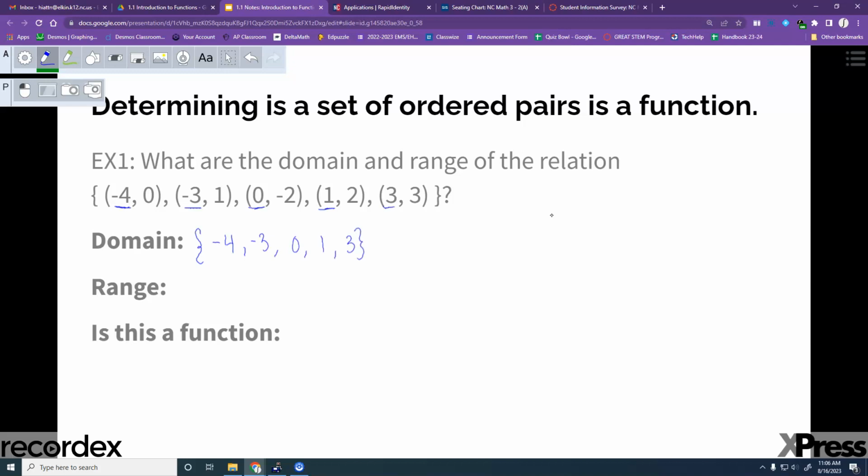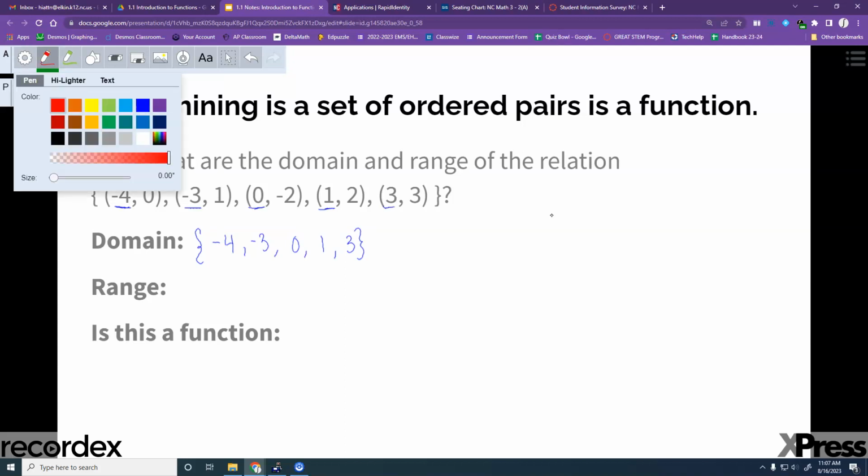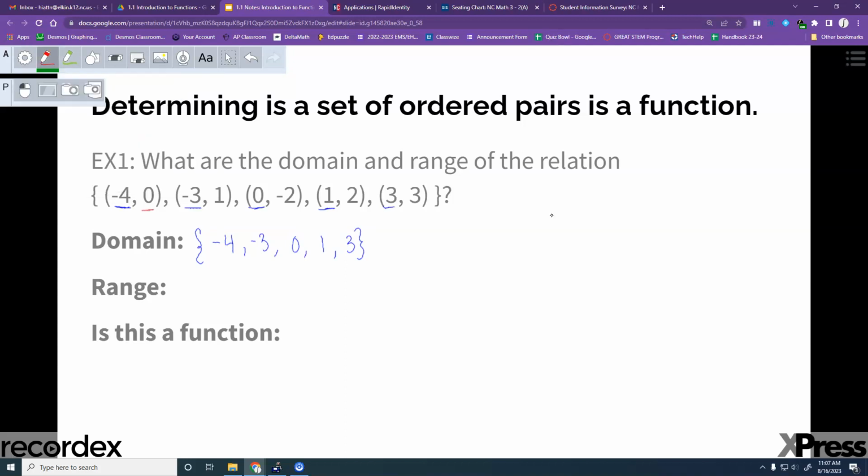That would be your domain for this particular relation. And then the range is simply the y values. So these y values here are our range. We would have 0, 1, -2, 2, and 3. Okay?